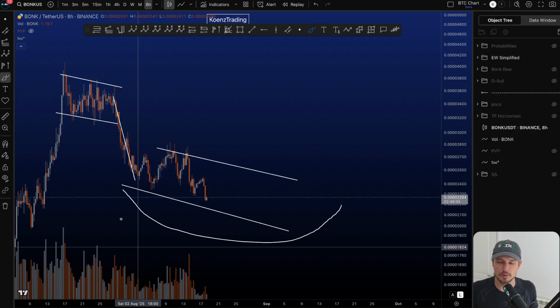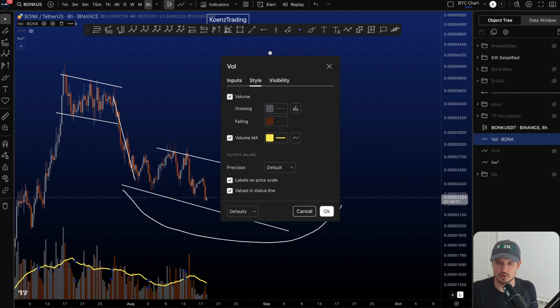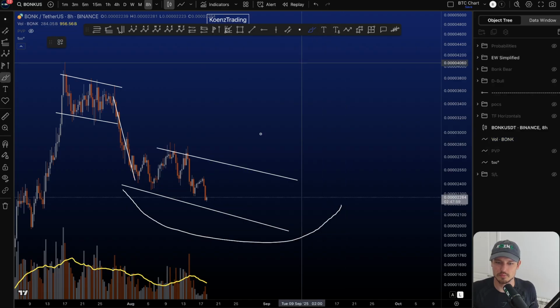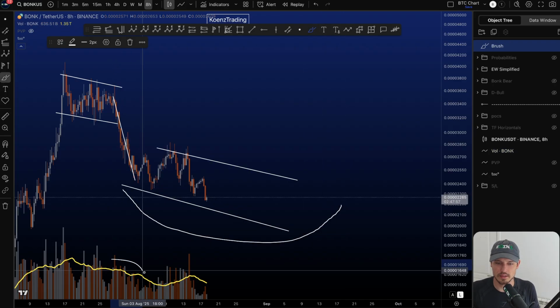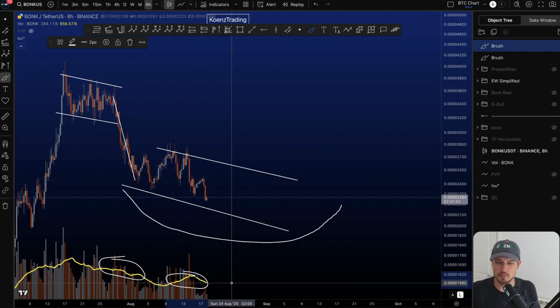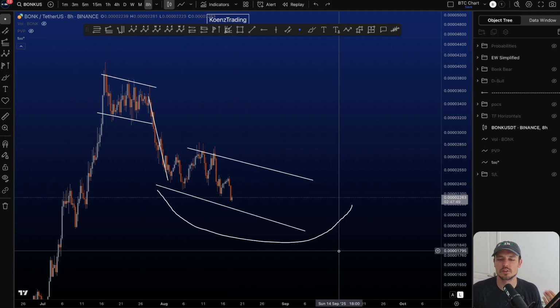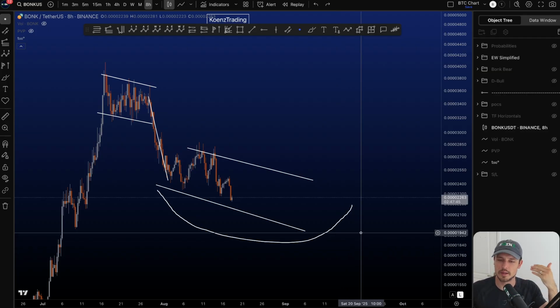The average volume is moving down as well, which you can see if you toggle on the volume MA. You can see over here that the average volume, the yellow line, was higher than where it is at the moment. So the average volume is moving down as price is moving down, which is something that you do like to see when you're starting to look for a bounce to the upside from an Elliott Wave point of view.